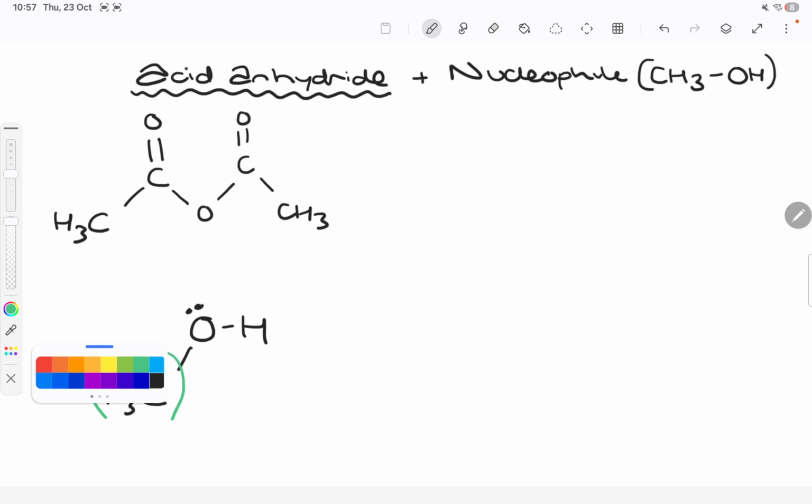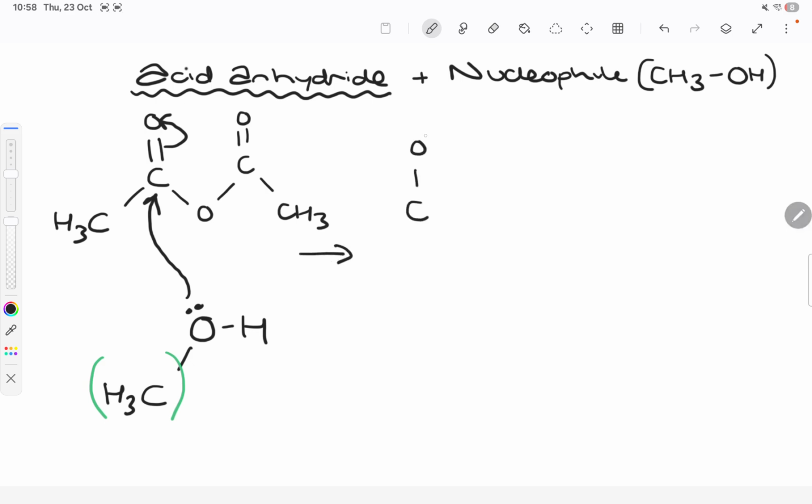It just changes the name and structure of the final product, but the reaction mechanism itself is largely unchanged. We still get this initial nucleophilic attack step, which opens up the carbonyl group and then allows the mechanism to proceed in exactly the same way as we have seen it before.